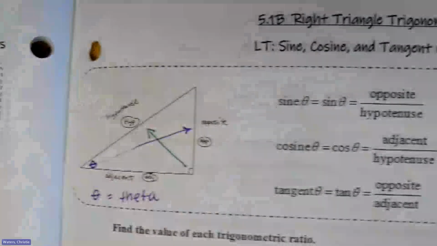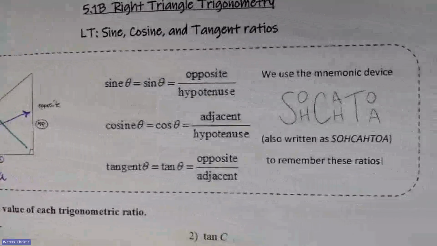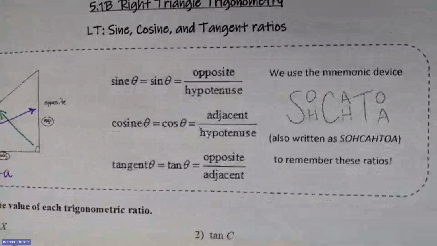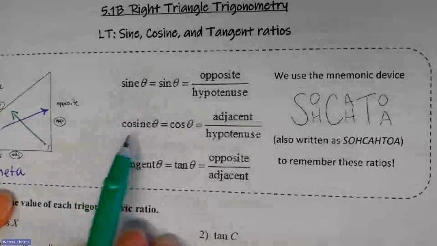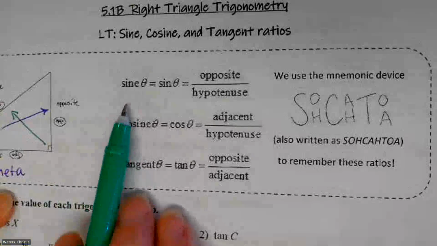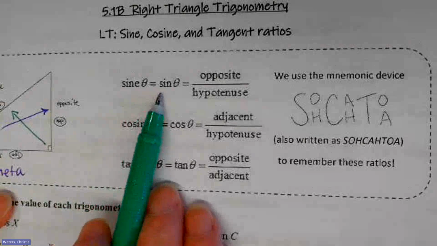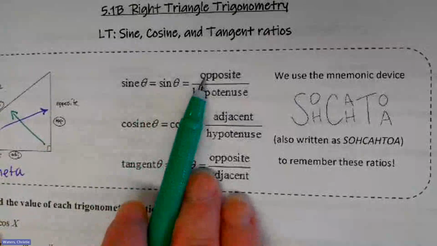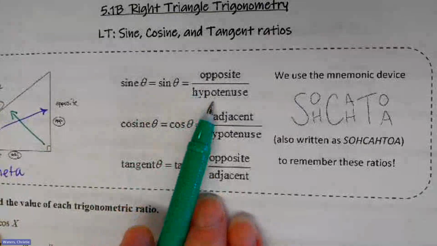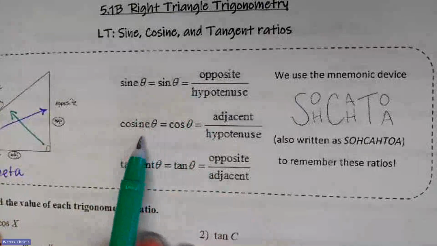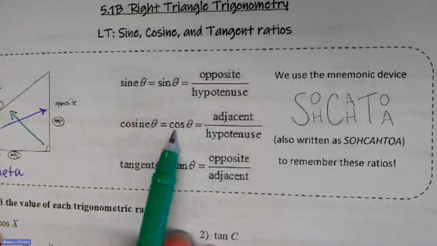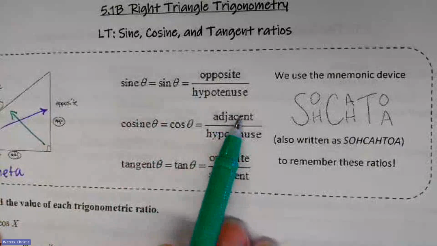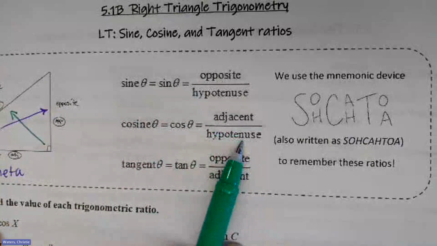So using those three sides, we have three trigonometric ratios: sine, cosine, and tangent. The sine ratio, we abbreviate SIN, and it's the ratio of the opposite side divided by the hypotenuse. The cosine ratio is abbreviated COS. That's the adjacent side divided by the hypotenuse.